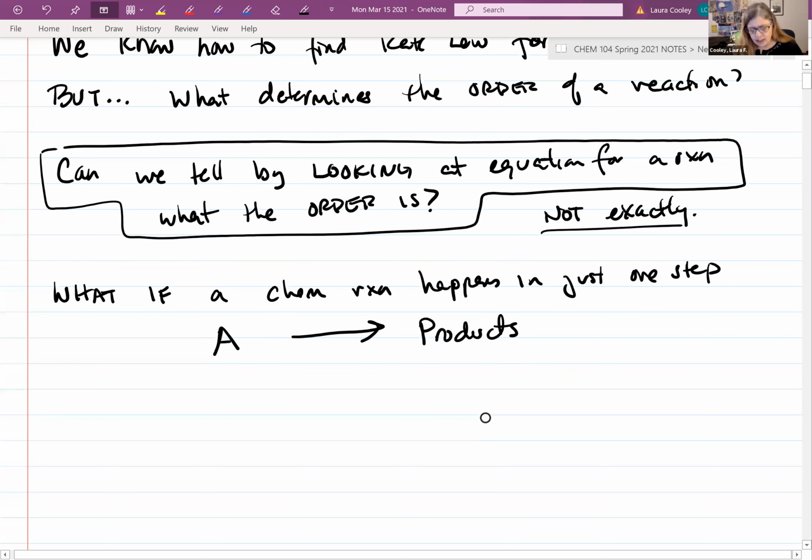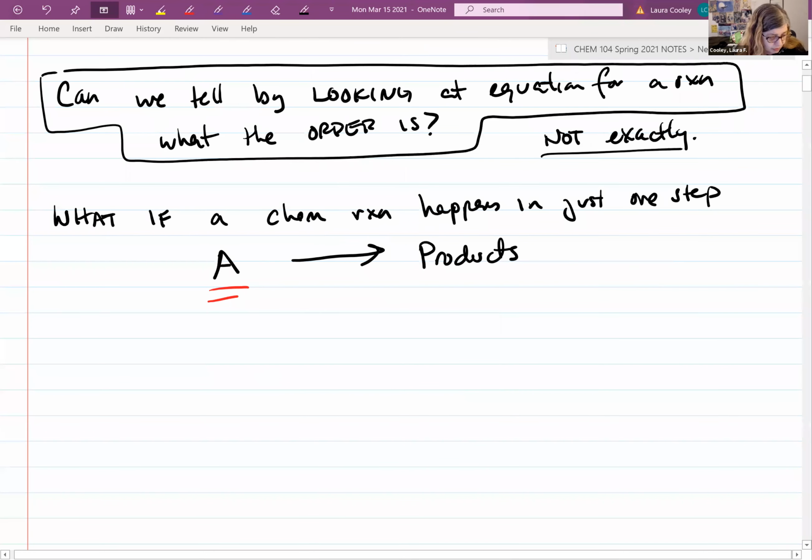It just sits there and it just happens like this. That this is the way it happens. A turns into something, that something is the product. Okay, if it happens like that, shouldn't the reaction rate be proportional to the concentration of A? Of course it should. If that is what happens, yes, then the reaction rate should be proportional to A.